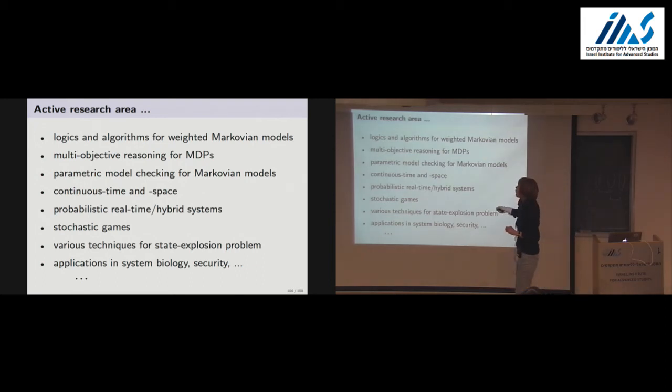There is a lot of work on parametric model checking for Markovian models. There are various types of parametric, but one very active field is this: in practice, it can be a crucial problem to decide which probability values to attach at the transitions.